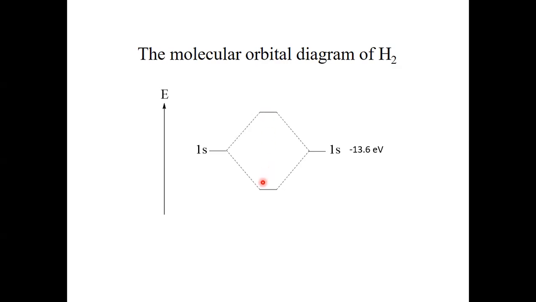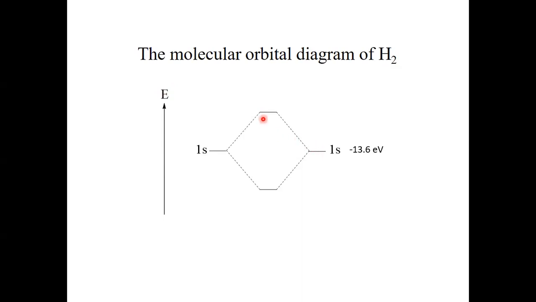So what we can say based on that is that, well, the bonding molecular orbital should certainly be lower in energy than the 2 valence orbitals, and the antibonding molecular orbital should be higher in energy than the atomic orbitals, and the distance of the antibonding molecular orbital from the valence orbital should be approximately the same as the energetic distance of the bonding molecular orbital from the valence orbitals.